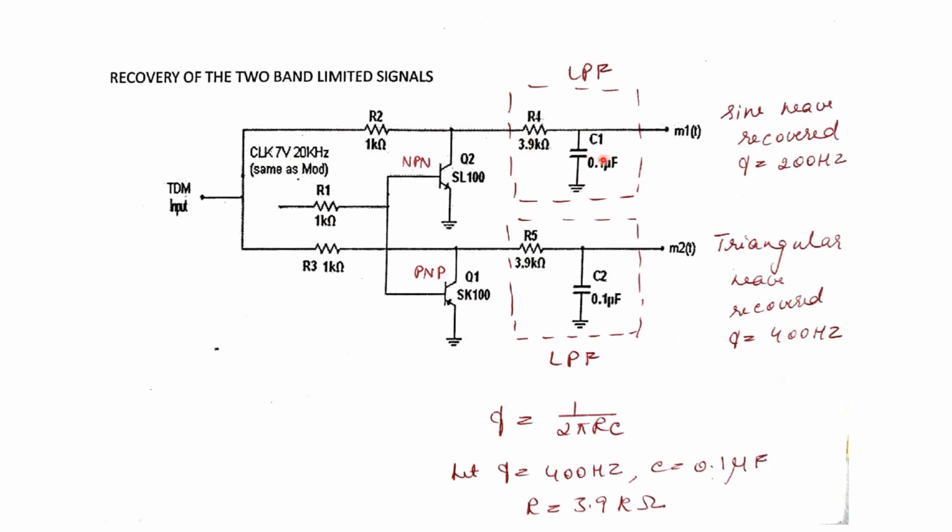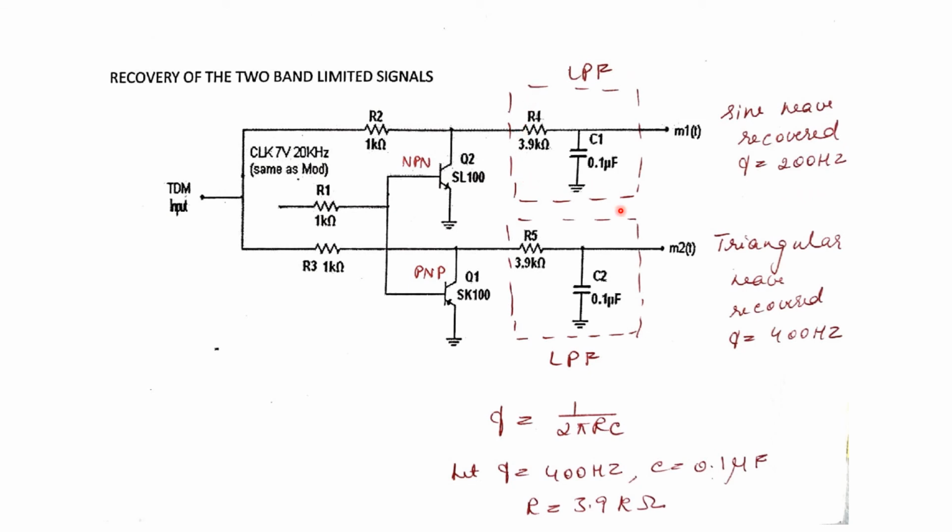Now why this filter is also designed to the same R and C value, even though the sine wave frequency is 200 Hz, or the recovered sine wave frequency should have a 200 Hz, because the same signal is used for multiplexing. Since the sine wave signal here is 200 Hz and this frequency is less than the frequency of the triangular wave which is 400 Hz, the low pass filter which is designed for 400 Hz should satisfy the frequency of 200 Hz.